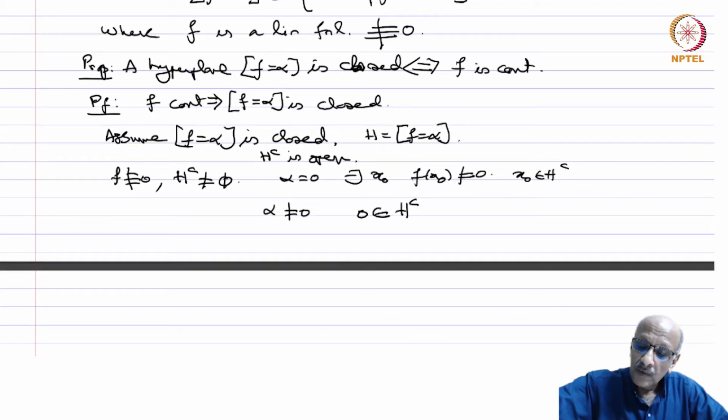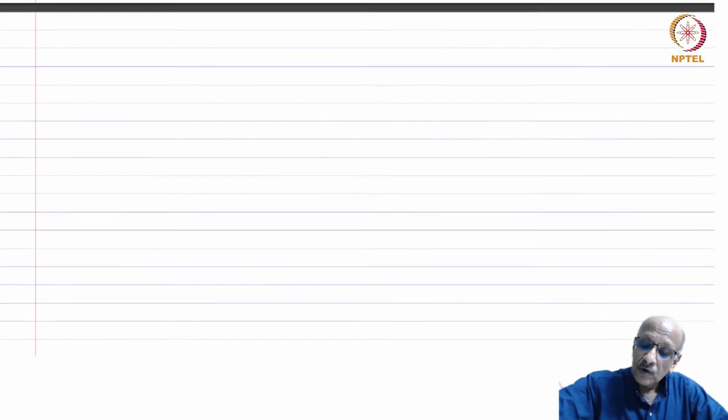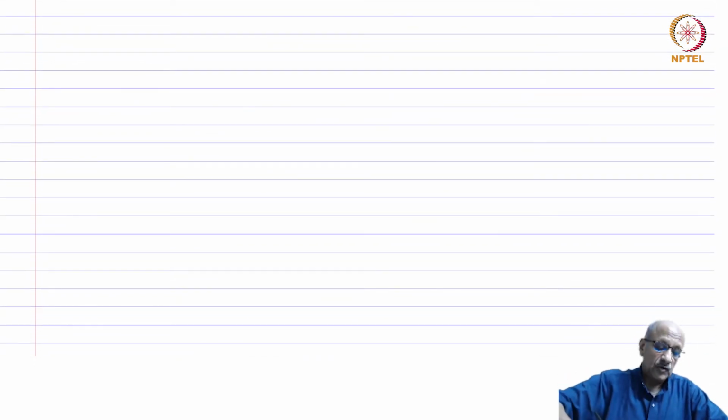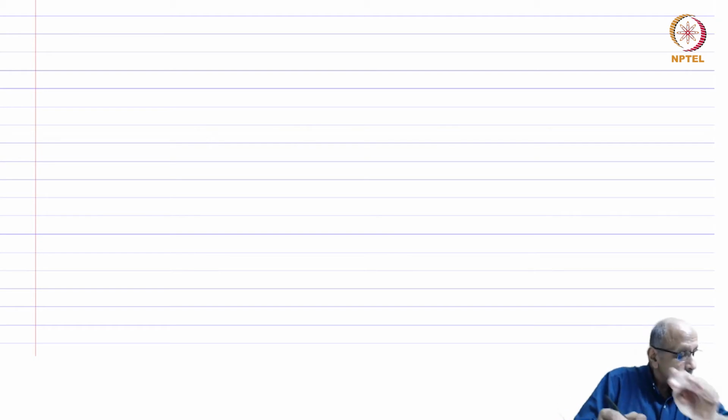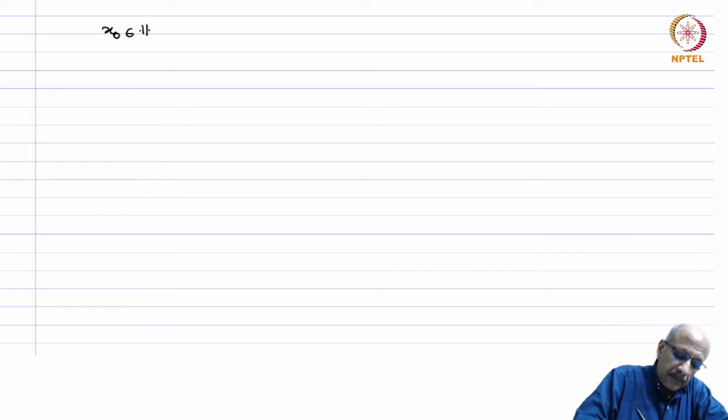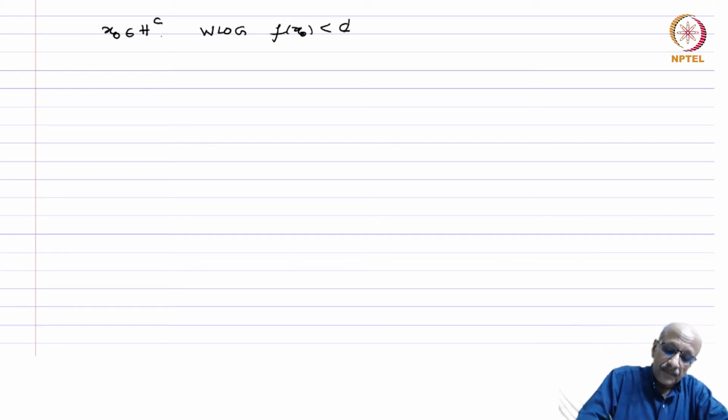Okay, so now we want to show that f is continuous. Let x naught belong to H complement. So f of x naught is not equal to alpha, so without loss of generality, we will assume that f of x naught is strictly less than alpha.